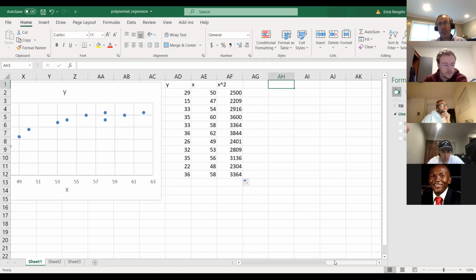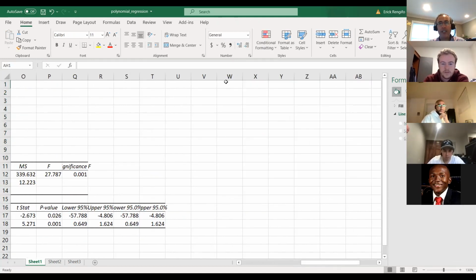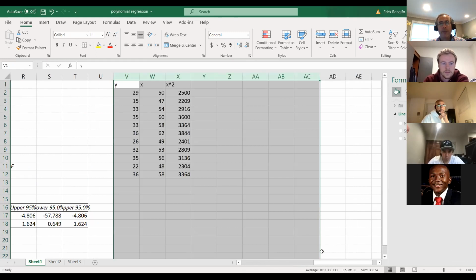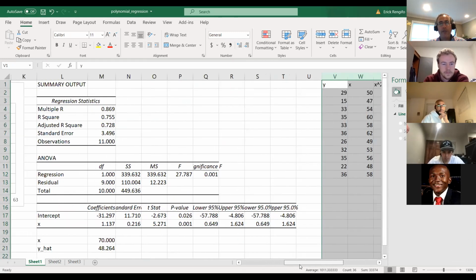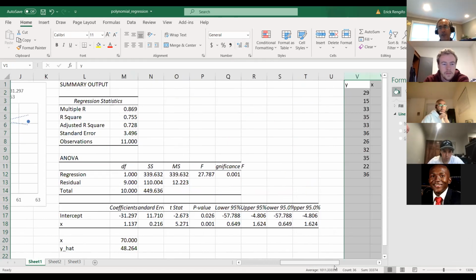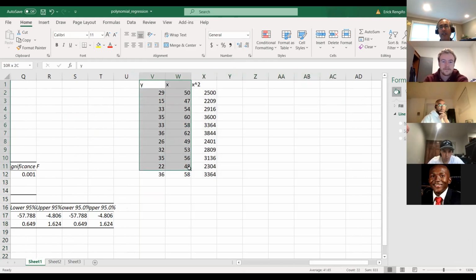And be sure that you get these exact numbers here. 92% R squared, etc. Can you do that? So basically what I've done, I created y, x, this is data. And what I have created is x squared.